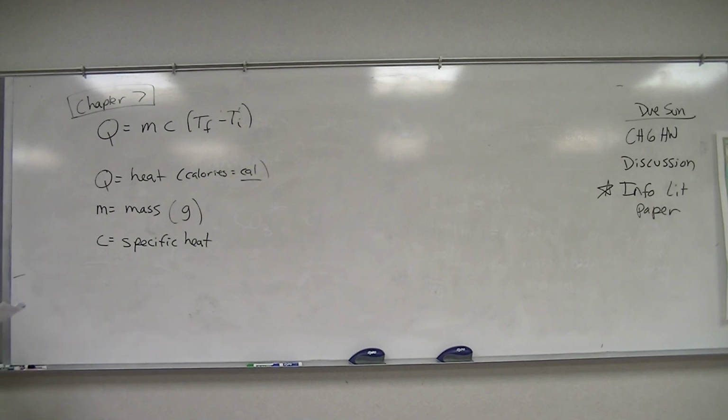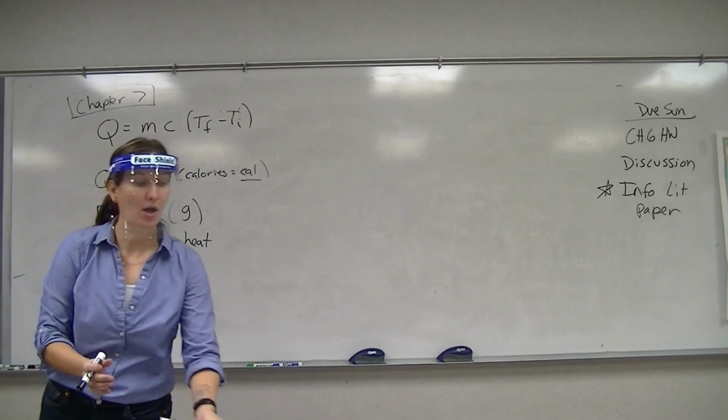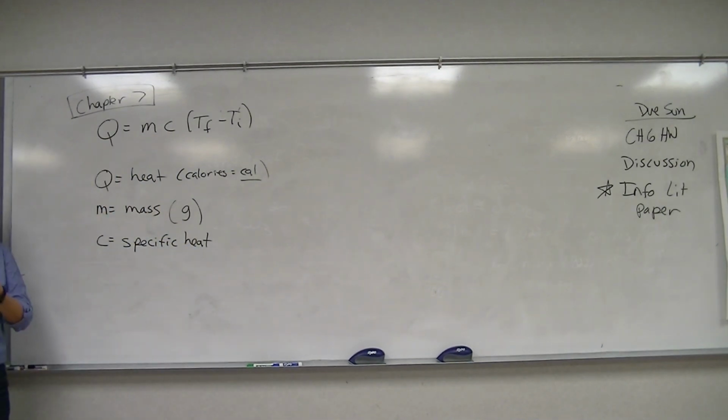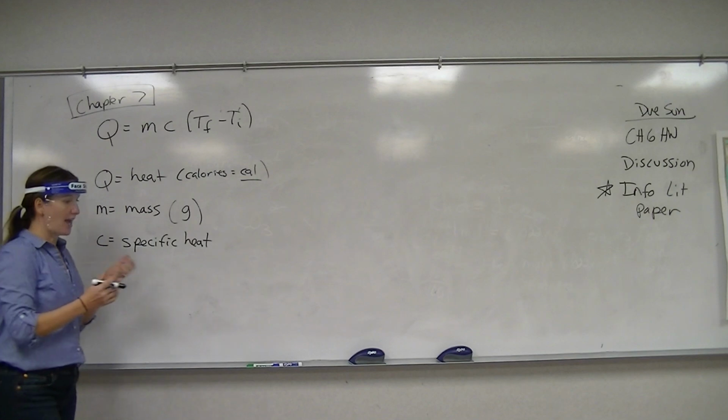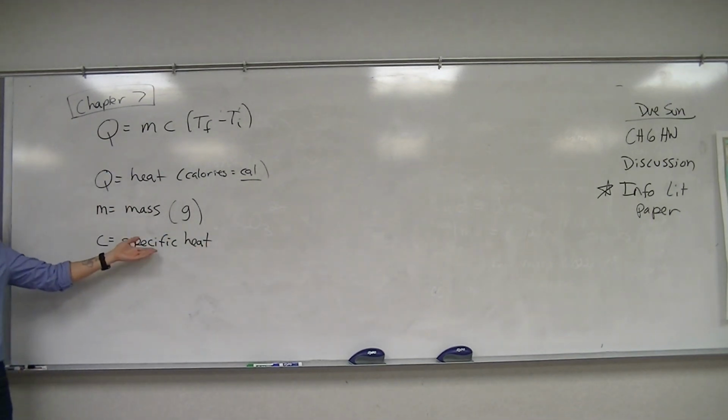So what specific heat is, it's a measure of the heat content of a substance. For example, depending upon what type of material we're looking at, whether we're looking at water or acetone or a solid like aluminum, they're all going to have different specific heats depending upon the material.